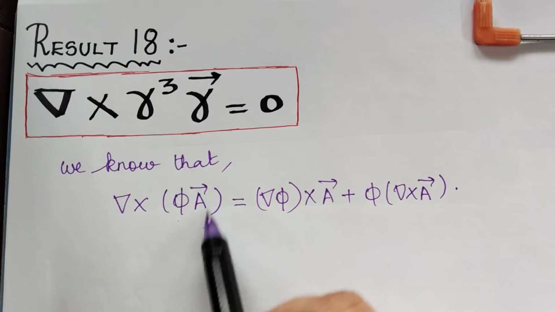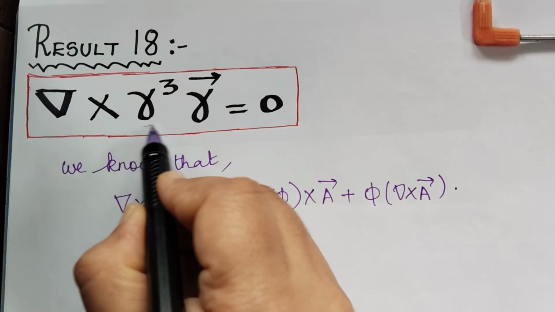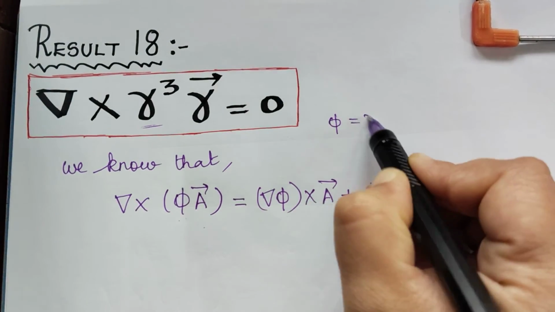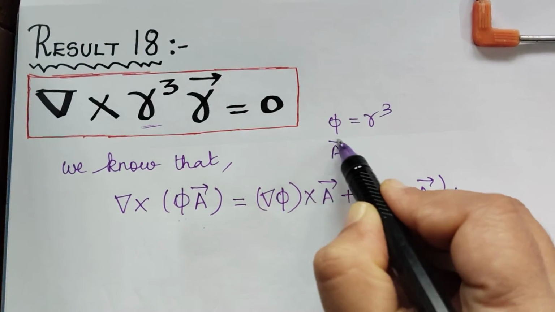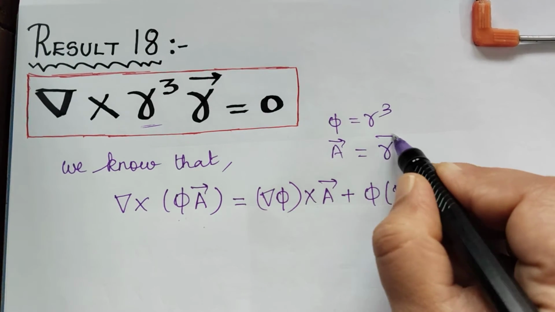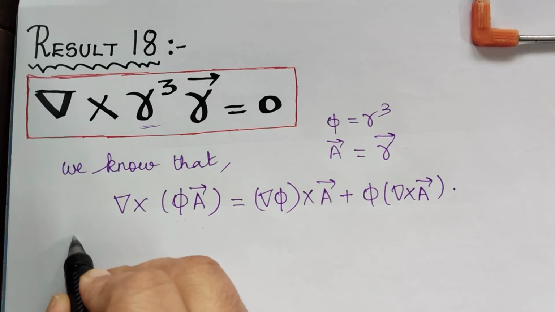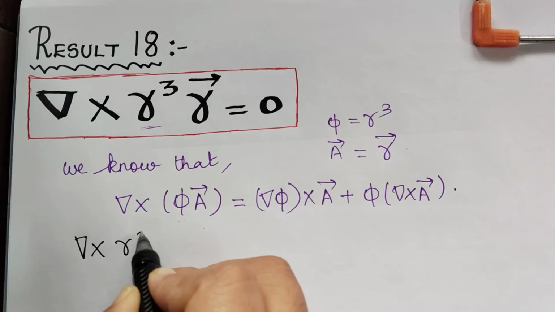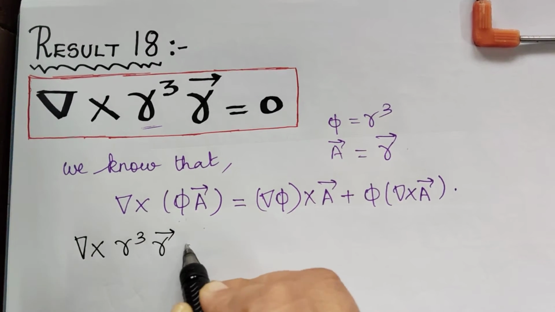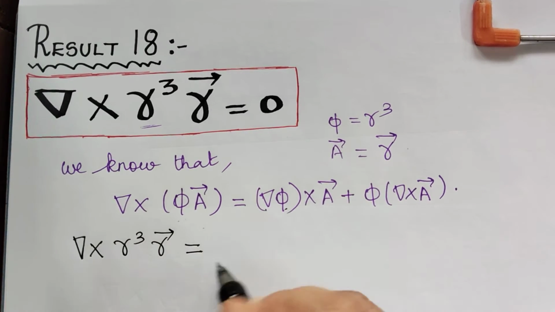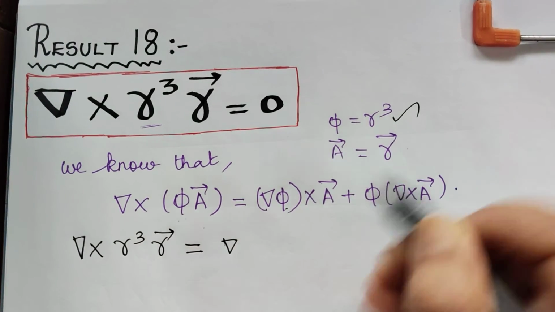Now if you compare with the given question, we see that at the place of phi we are having r cube, and at the place of a vector we are having r vector. So applying this result, what we get is, the left hand side nabla cross r cube r vector is equal to, first is nabla phi. What is phi? R cube.